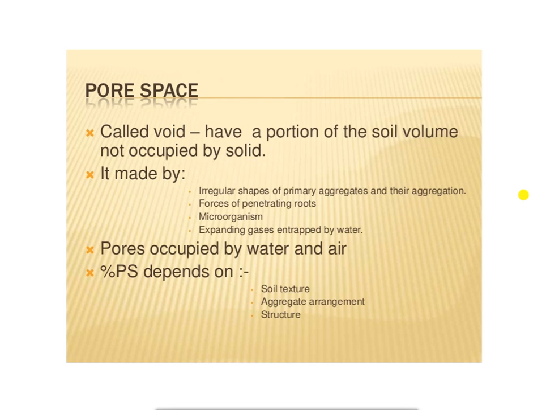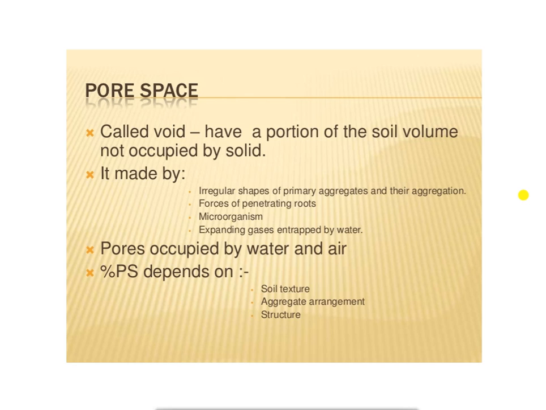Okay. What do you mean by pore space? It is also called void, the portion of soil volume which is not occupied by a solid portion. The pores are mostly occupied by soil air and soil water.